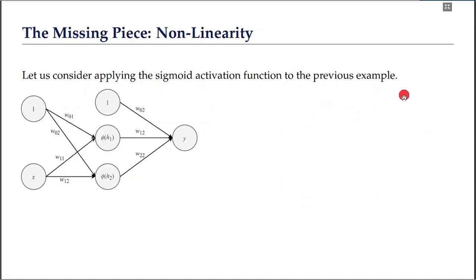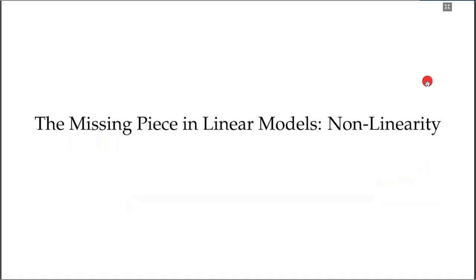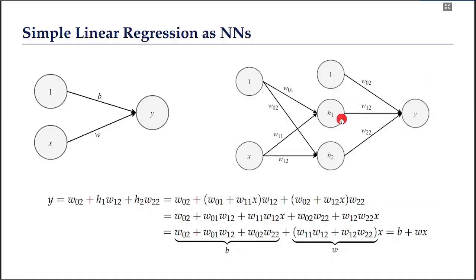Now let's consider applying a sigmoid activation function to the previous example that we have seen. Previously we had this model with H1 and H2 in the hidden layer. Here we can pass H1 and H2 through a nonlinear activation function.